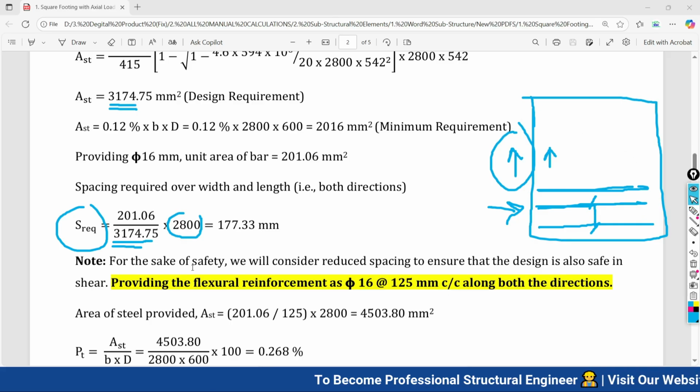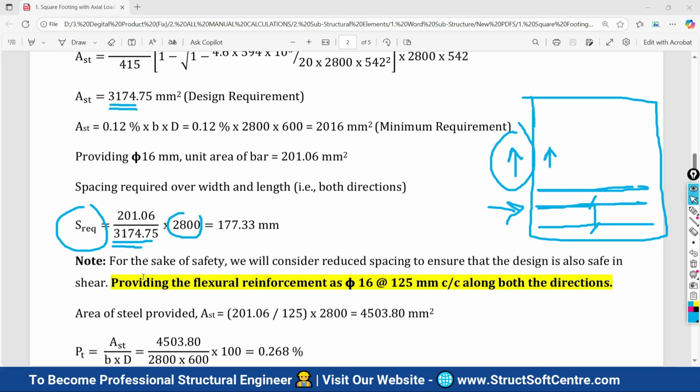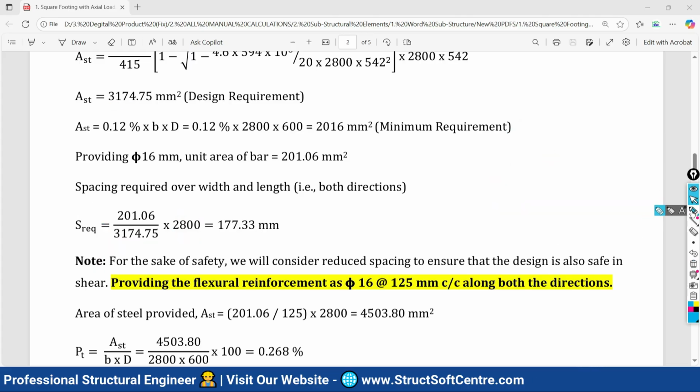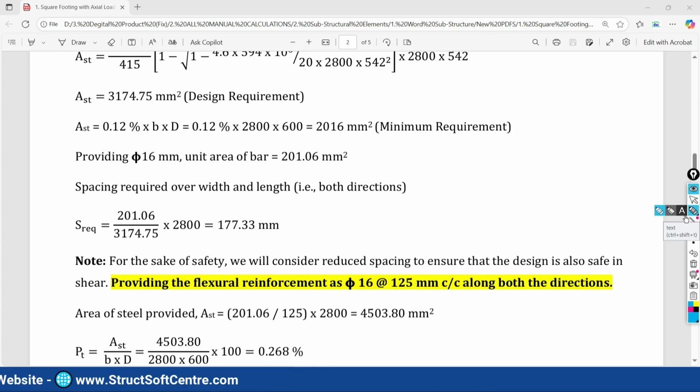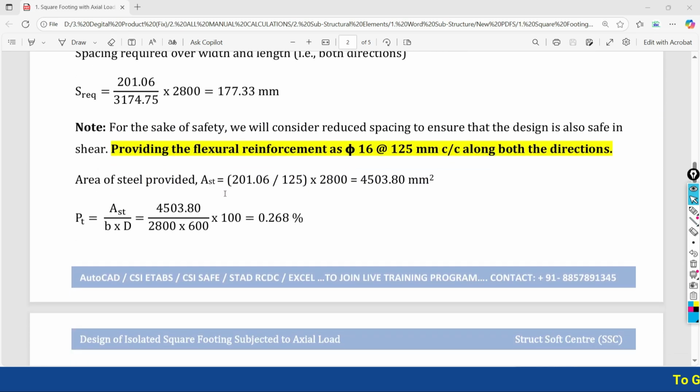Okay, for the sake of safety, we will consider reduced spacing to ensure that the design is also safe in shear. So as I told you earlier, when you are going to do the flexure design, at that time you also have to think about the shear design as well, because if you provide by just looking at the flexural demand, flexural requirement, it may fail in the shear demand.